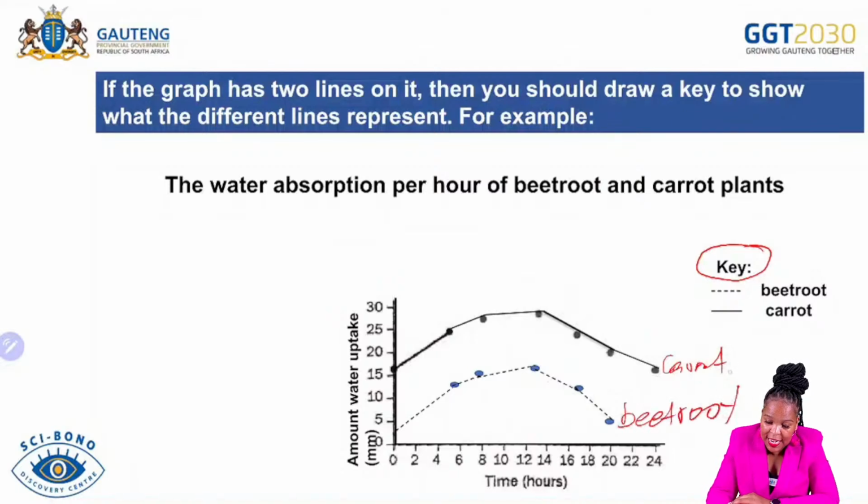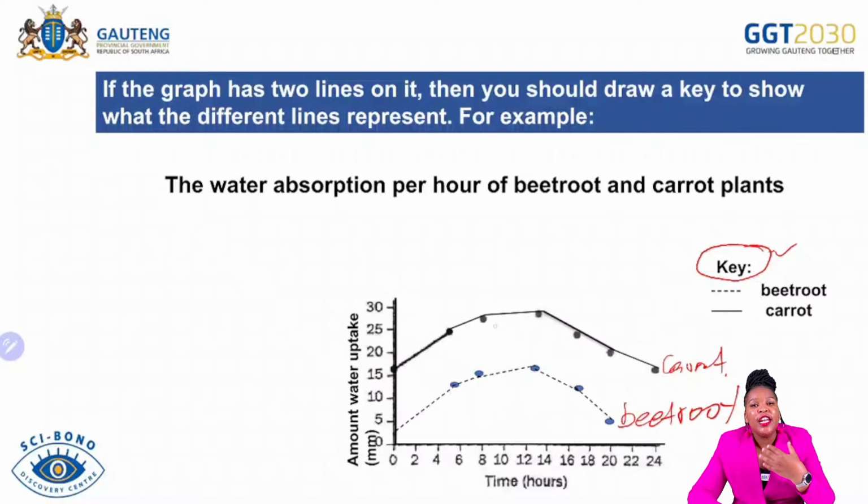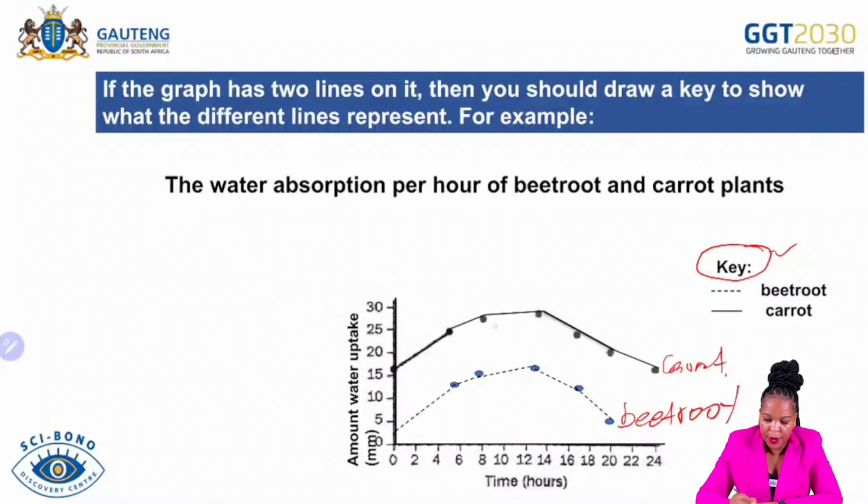You can write it here, or you can have the key on the side that gives us an indication of which line represents which. This can also be a case where the question says, on the same set of axes, plot 2 line graphs of this and this. So you need to ensure that it has a key.